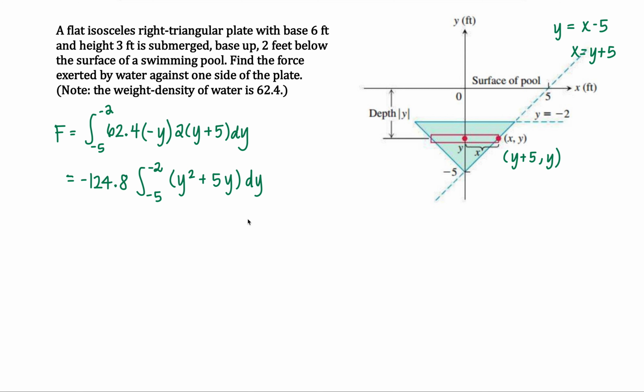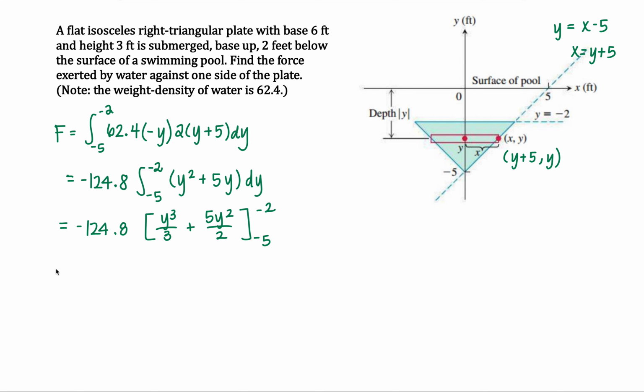And we can very easily integrate that. We're going to end up with y cubed over 3 plus 5y squared over 2. And again, I'm going to look at that from -5 to -2.